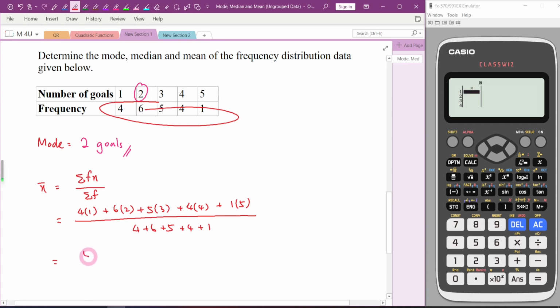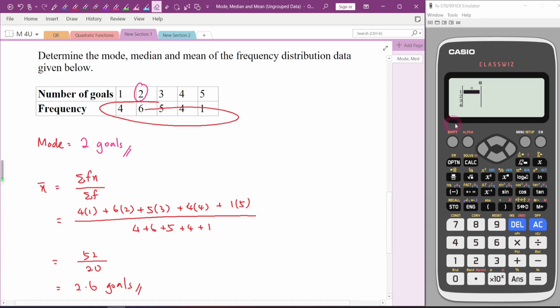So this will give us 52 on the top. And how about this one? 20, right? 10, 20, okay, 20. 52 divided by 20, you will actually get 2.6. Okay, this is the mean.